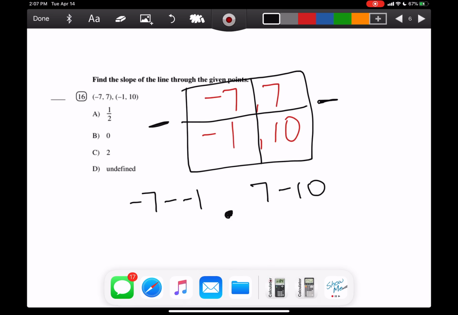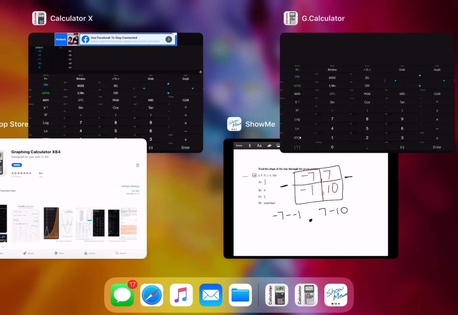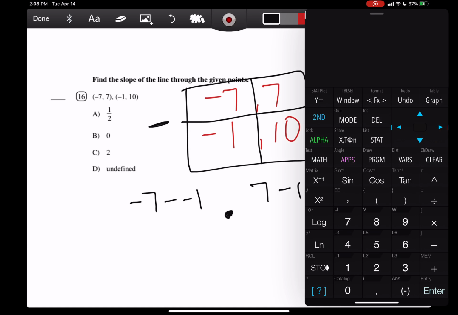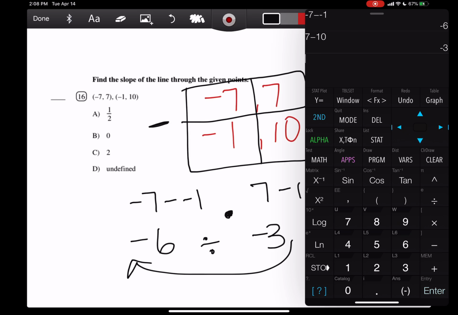So go to your calculator here. I have a -7 minus -1. It's going to give you a -6. And then I have 7 minus 10, which will give you a -3. Remember, you're going to be dividing from right to left in box method.